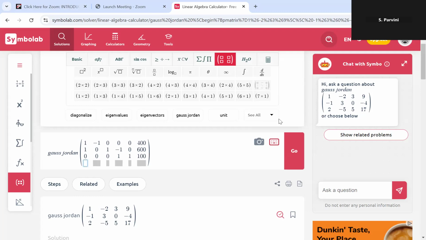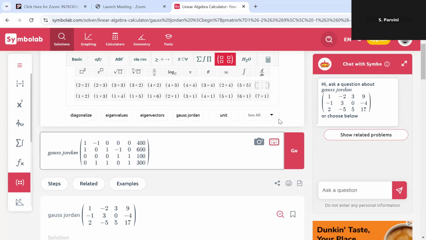And finally, 0, 1, 1, 0, 1, 300. I'll give you a moment to make sure I got it right and it matches what you have. So everyone hopefully with us.